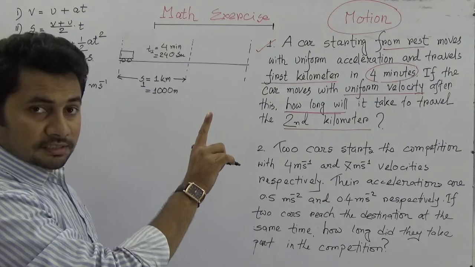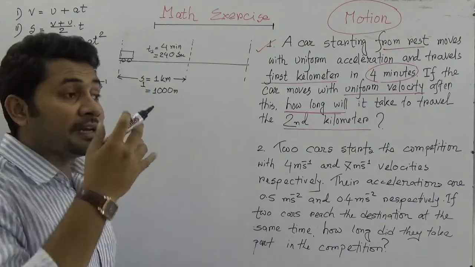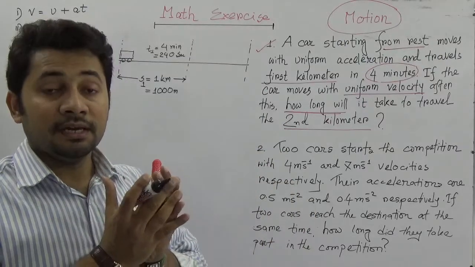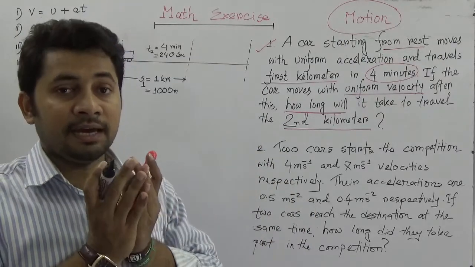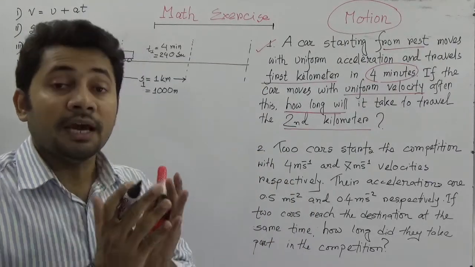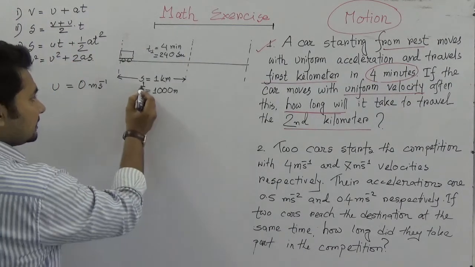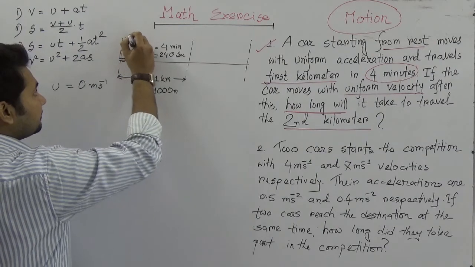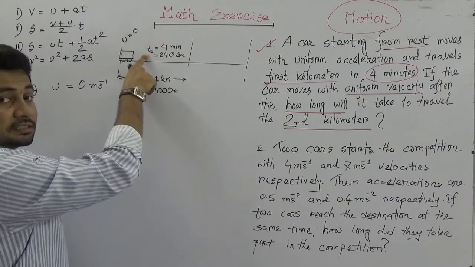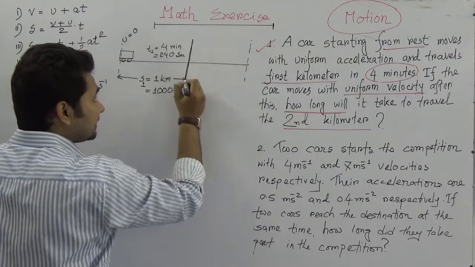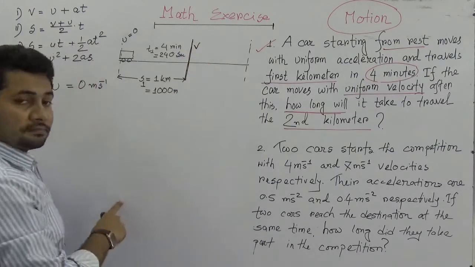Following the question, I am drawing a picture which will give me an idea of what's going on here, what data is available to me, and which principle I should use. So here is S, we know U is 0, T1 is given, and after traveling 1 kilometer it will gain a velocity.